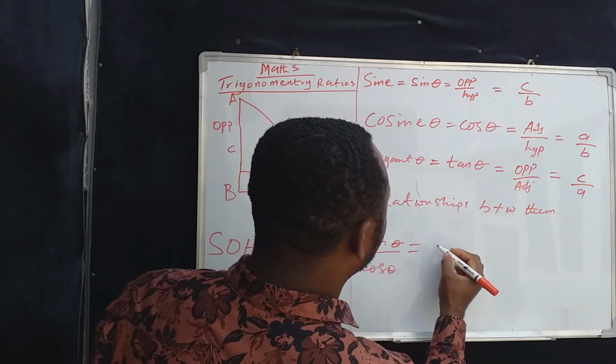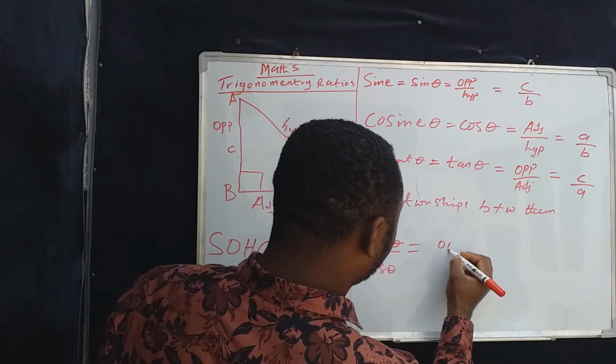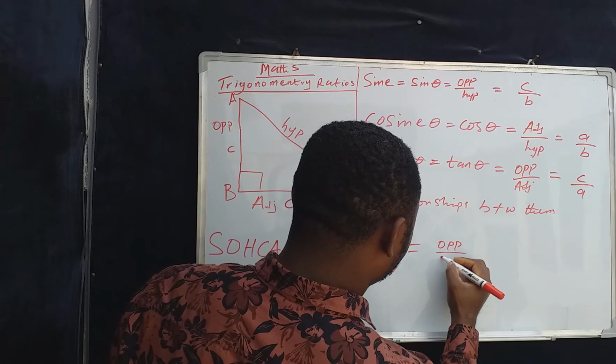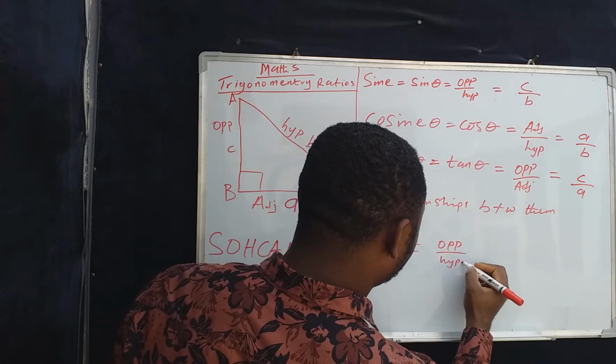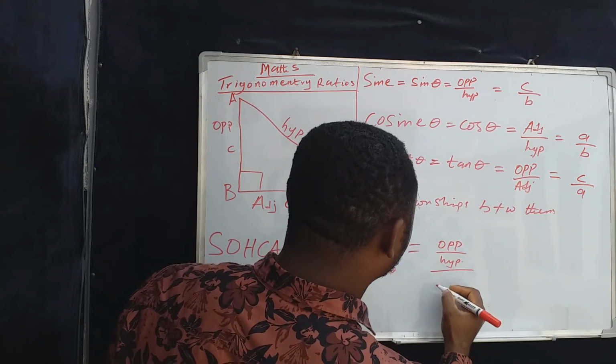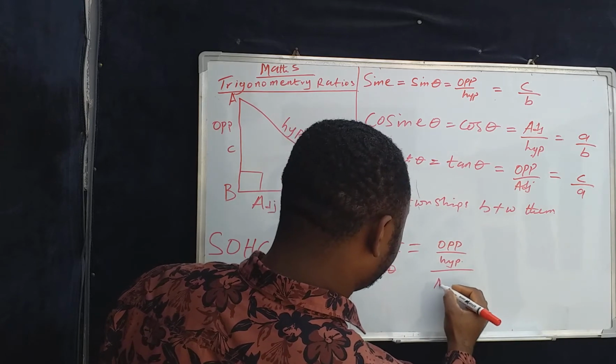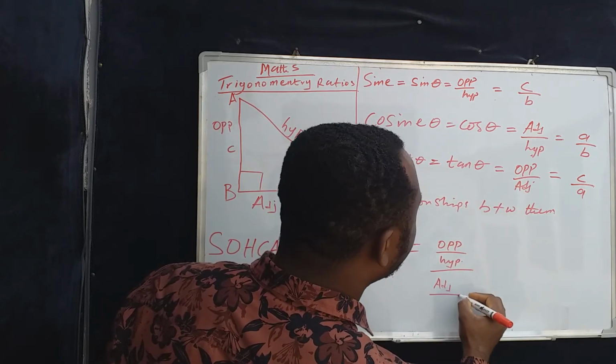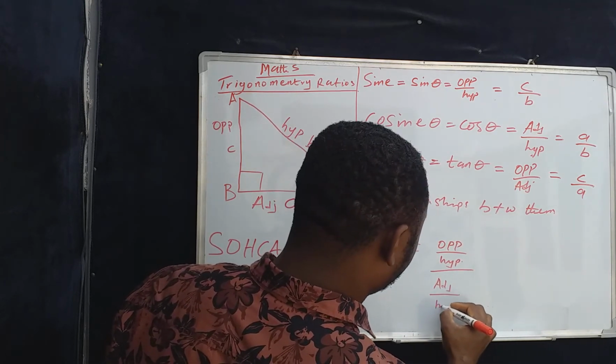Now it's going to give you opposite over hypotenuse all over adjacent over hypotenuse.